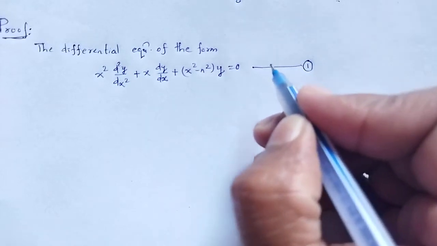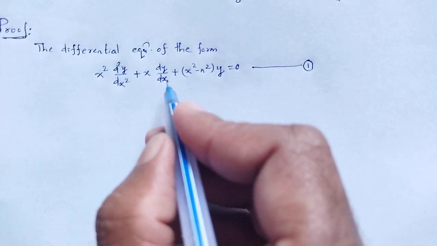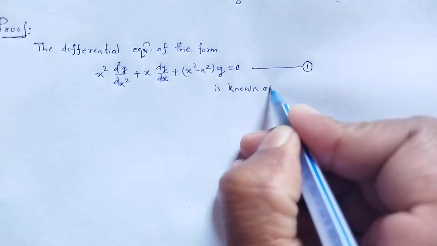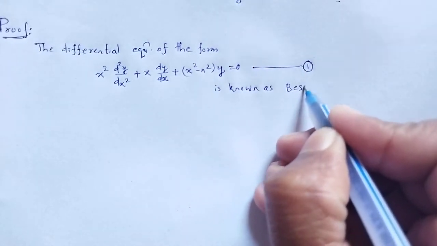This is equation 1, known as Bessel's differential equation.